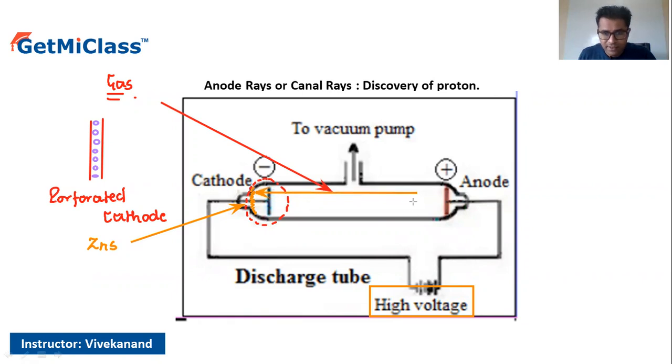These rays used to pass through the perforations, the holes. When they passed through, they struck the zinc sulfide screen, as a result of which it started emitting green color fluorescence.